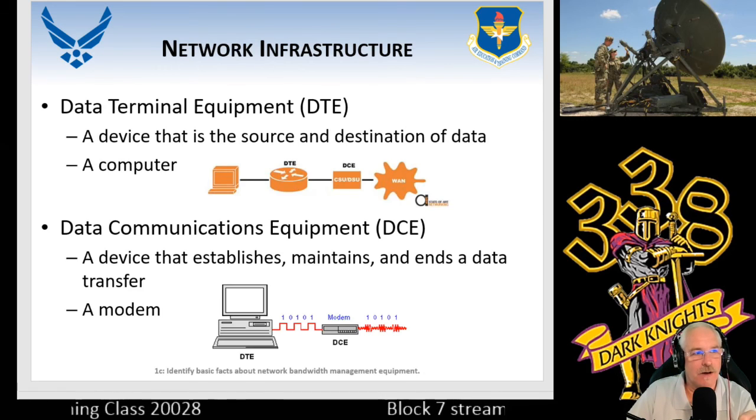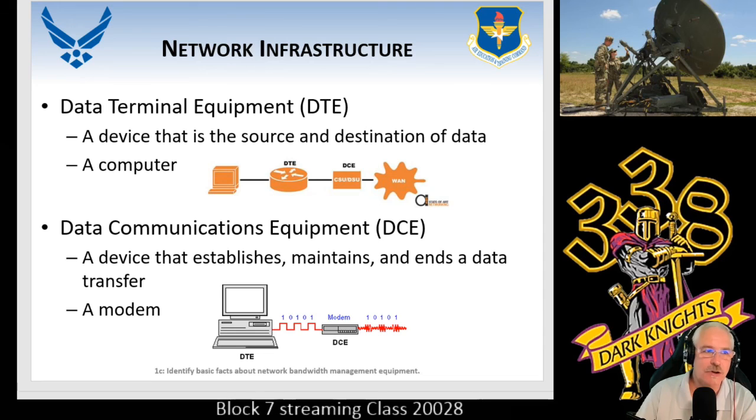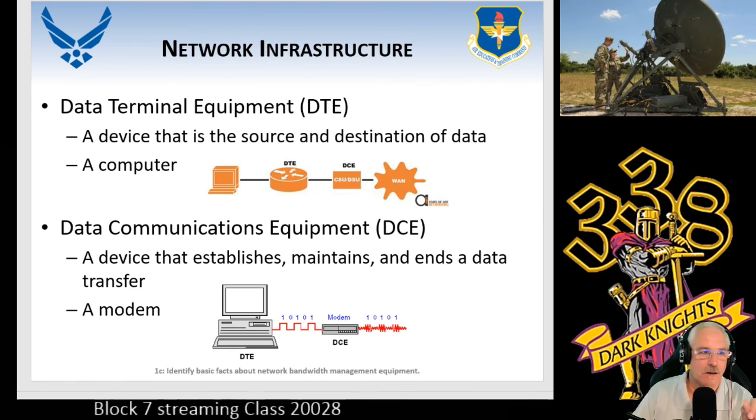So next up, we have what's called network infrastructure. We have a DTE and a DCE. I brought in pictures just so that you could see it. DTE, the T, Tango, is the terminal. It means it is the source and the destination. So everything starts with the computer and ends with the computer in this case.